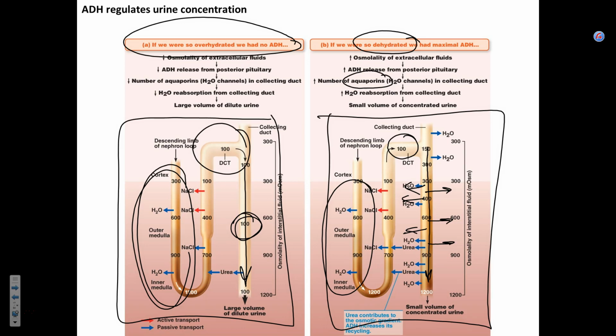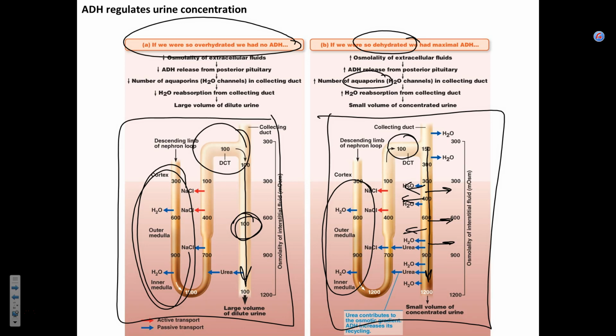So when you are very much dehydrated, remember, what's dehydration? That's a simple and dumb question. You lost water. When you lose water, what happens to the osmolality, the concentration of your plasma and extracellular fluid? It goes up. Okay? So that increased osmolality will be sensed by the chemoreceptors in your posterior pituitary gland.